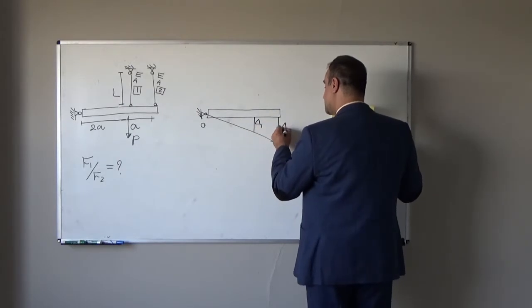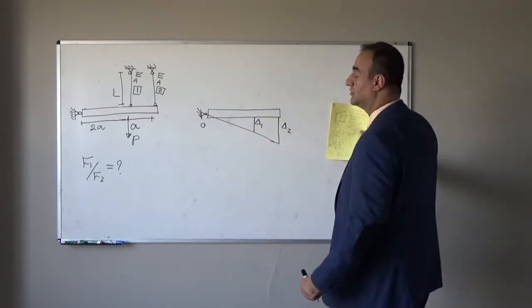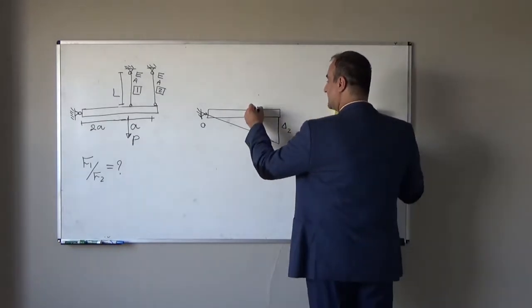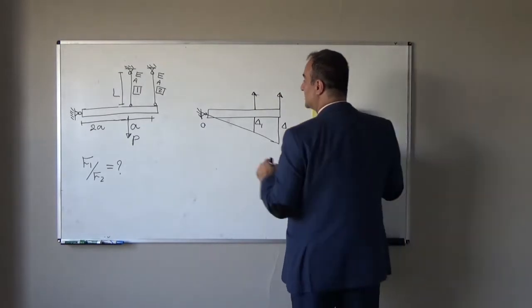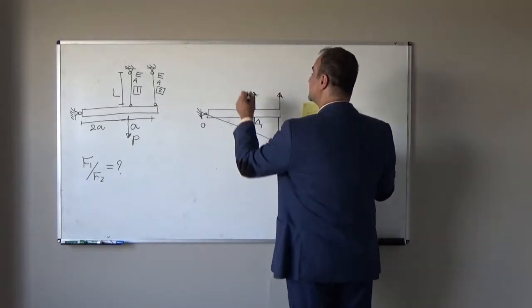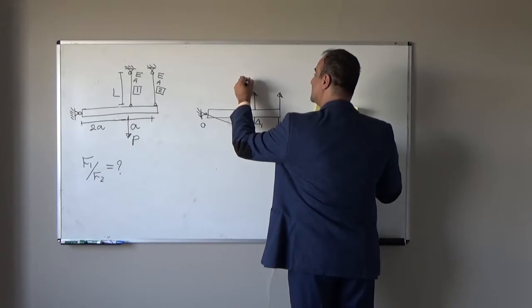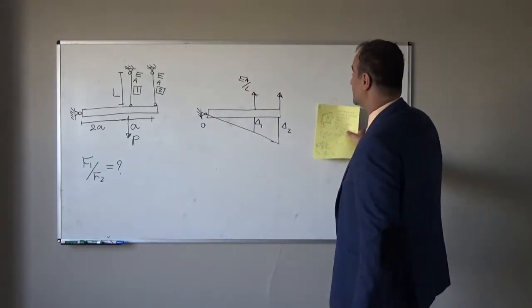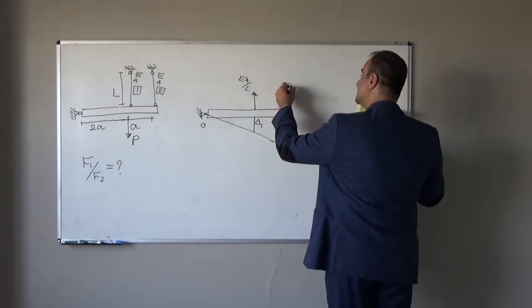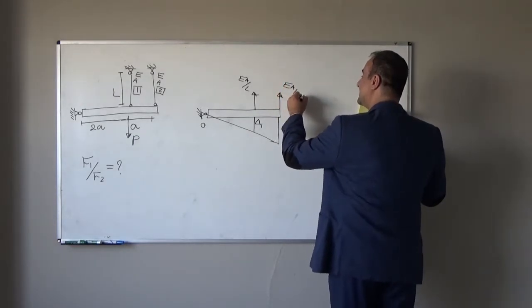Here the deformation is delta 2. And here we have one rod, another rod. Rod number 1 stiffness is EA over L. The stiffness of rod number 2, again, is EA over L.